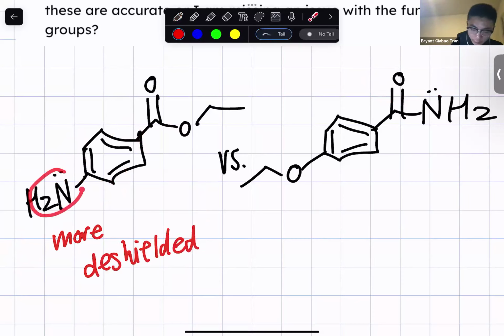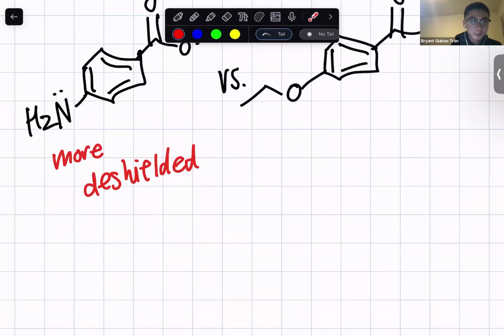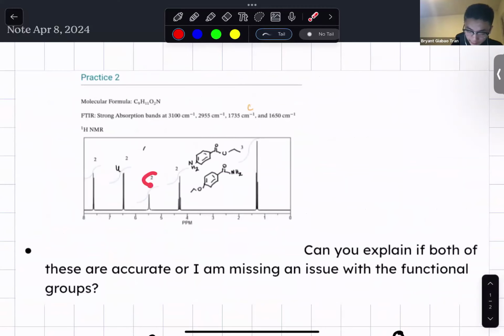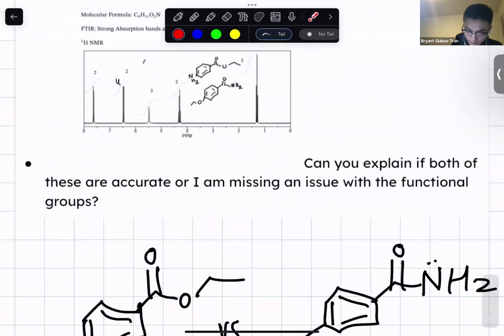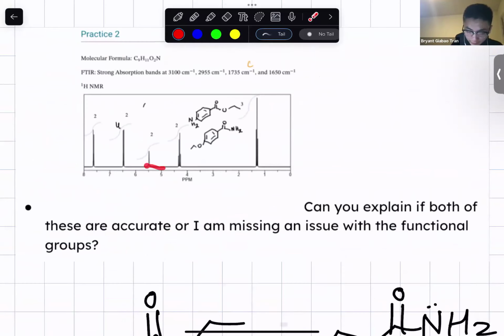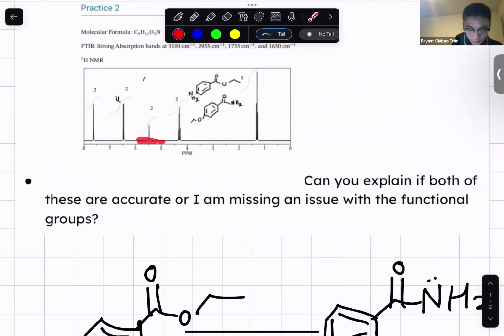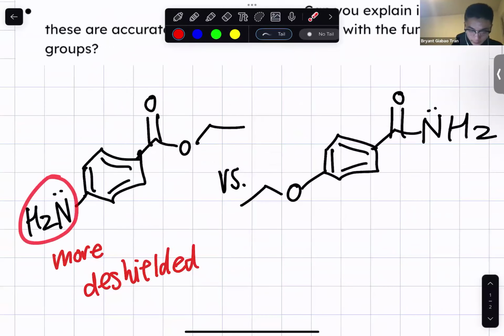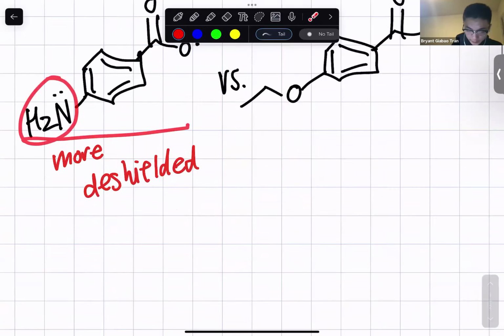Amines are usually between 0 to 5 ppm on the HNMR with a broad peak. But in this HNMR, the amine is at 5 to 6, which is higher than usual. So the amine on the benzene ring is the correct structure.